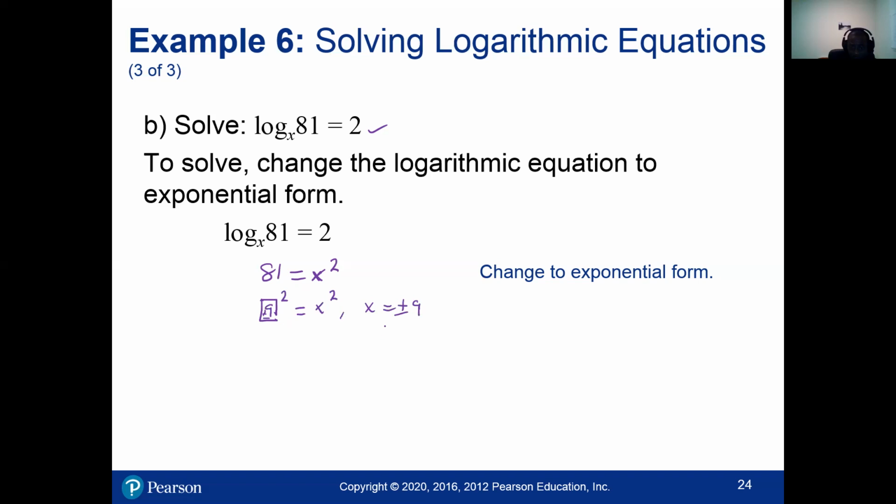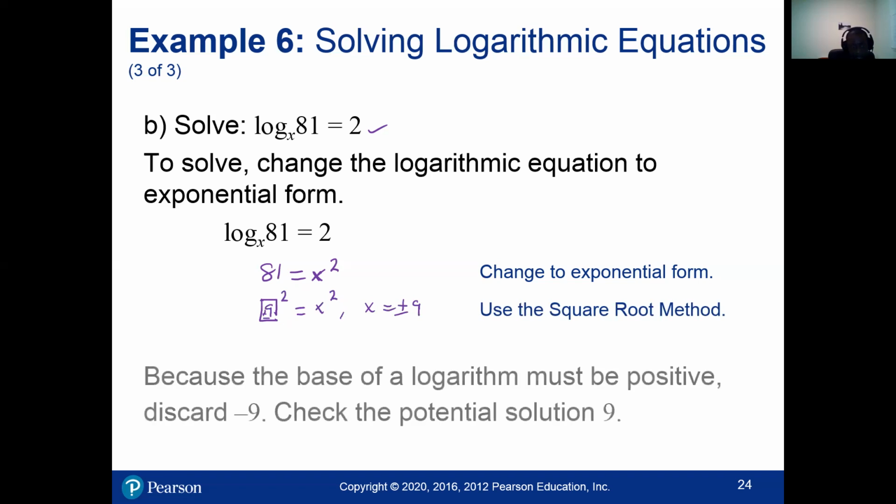But we discard the negative now, because the base cannot be a negative value. So we use the square root and solve that. Because the base of the logarithm must be positive, we discard negative 9 and check the potential solution 9.